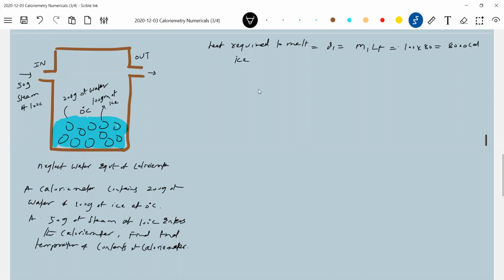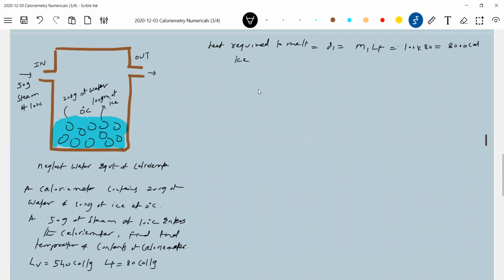Okay, latent heat of vaporization, the values I'll give. So I think we have to cross check what can happen to the final temperature: will it be 100 or less than 100? We are not very sure. So one thing, the heat required for the temperature of water to rise from 0 to 100.